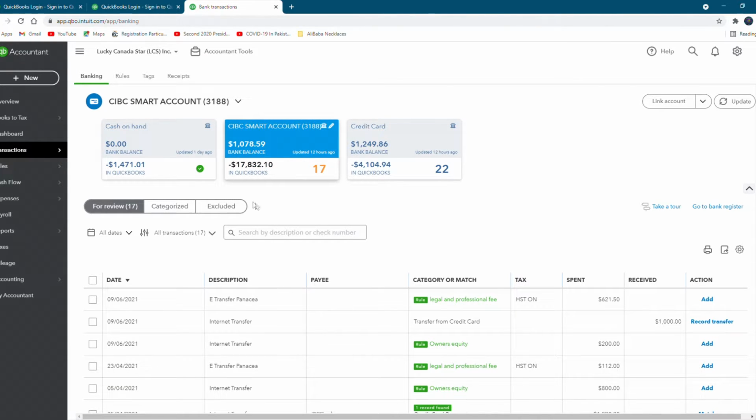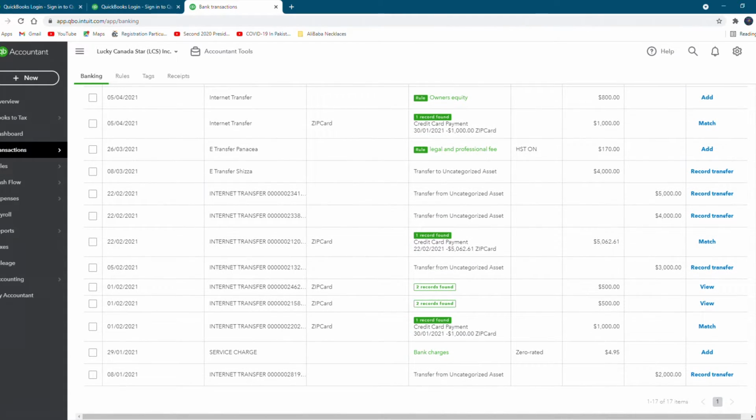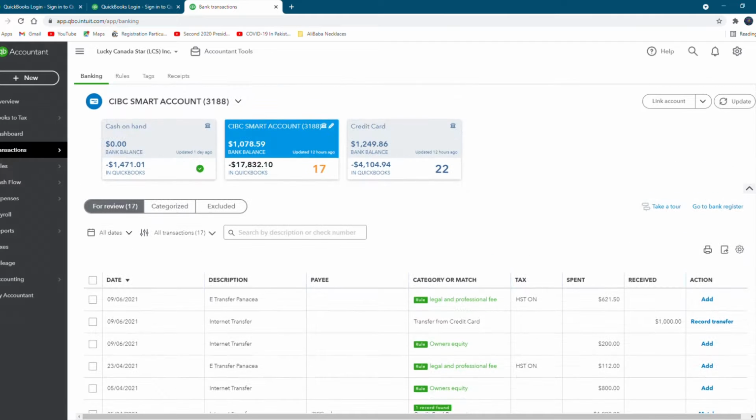Now you move to the second account and you find that there are several transactions that need to be properly classified and then entered into the QBO system. It is not yet done. Before we are able to prepare our financial statements, we need to carry out this task.